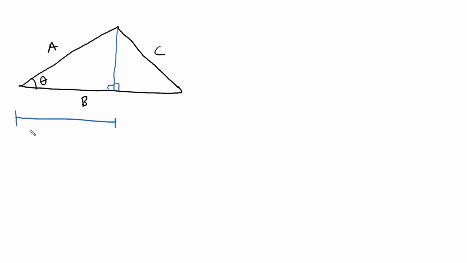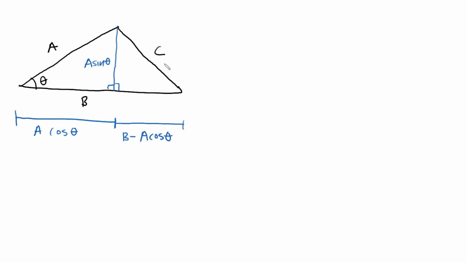So we could say that this is a cosine theta. And then we could say that this is a sine theta, simply because of this triangle right here. Since we know that, and we know this length equals b, we could say that this portion right here, the rest of the triangle, is b minus a cosine theta.